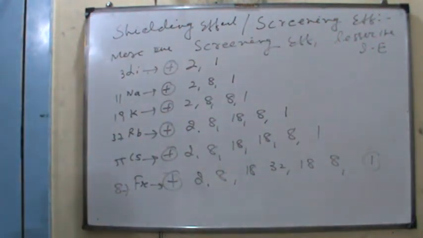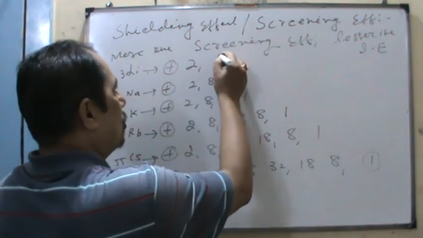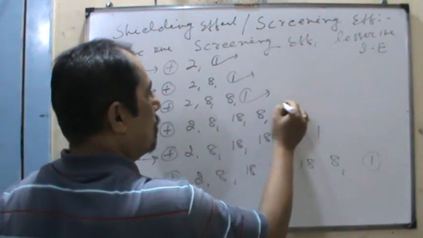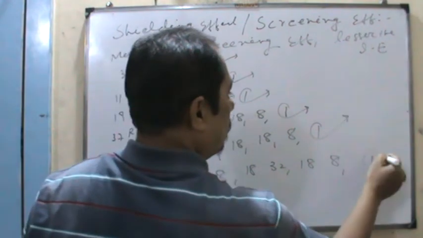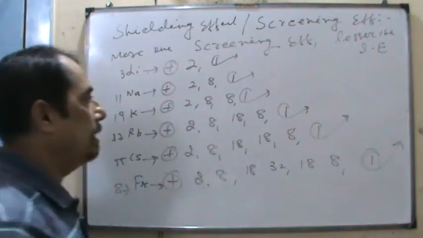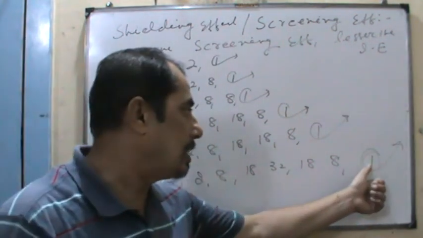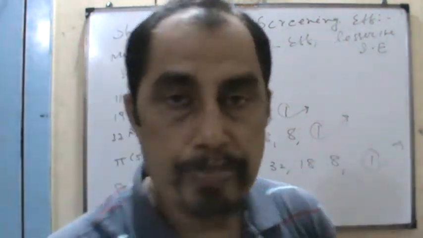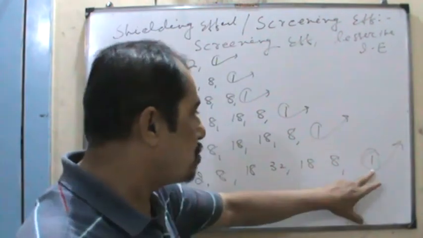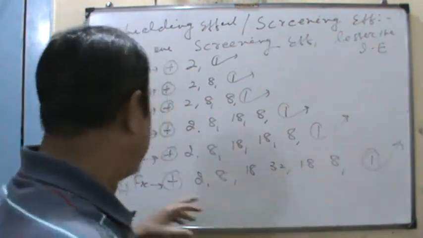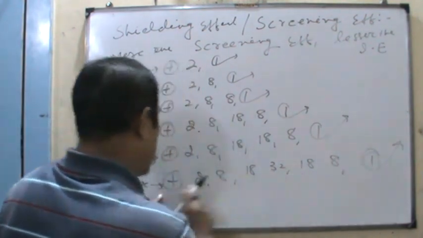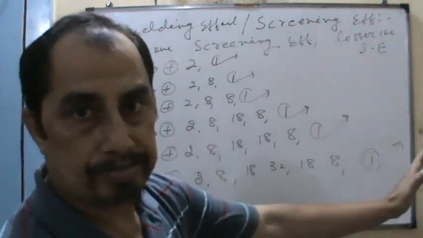So try to understand, it is the outermost orbit where it is very easy to lose the electron gradually, because down the group atomic size increases. Therefore, the attraction between the valence electron and the nucleus is going to decrease. So that electron is being shielded, because the distance of the last electron from the nucleus is quite large.